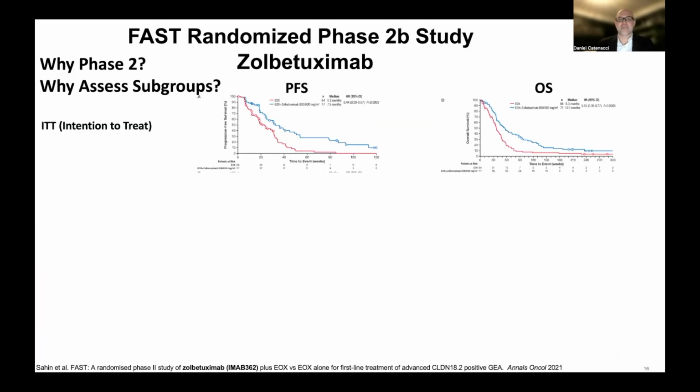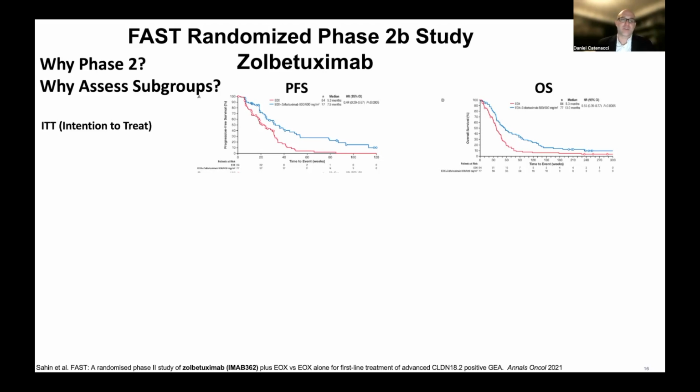So the next example in question to show you is, why do a phase 2 study then? It seems to be wasting time and years in terms of getting the final result and getting access to therapy that might work. This is going to the zolbetuximab story and the randomized phase 2b study called the FAST study.